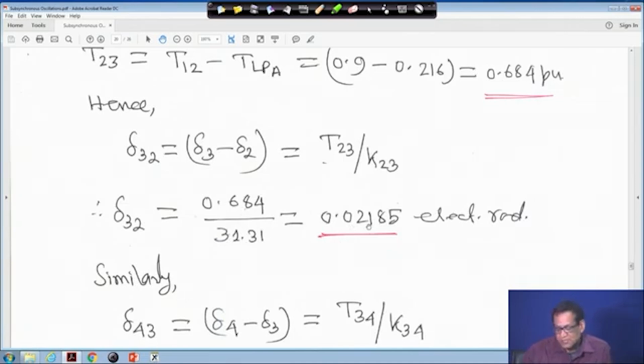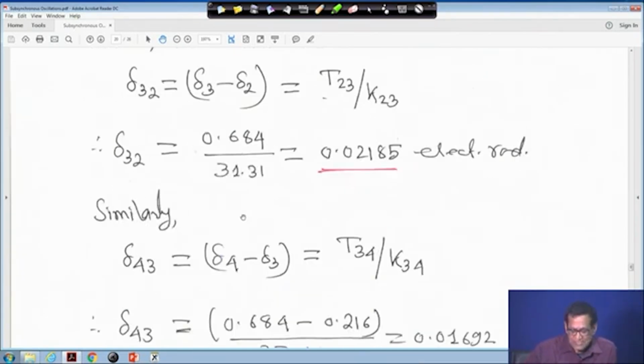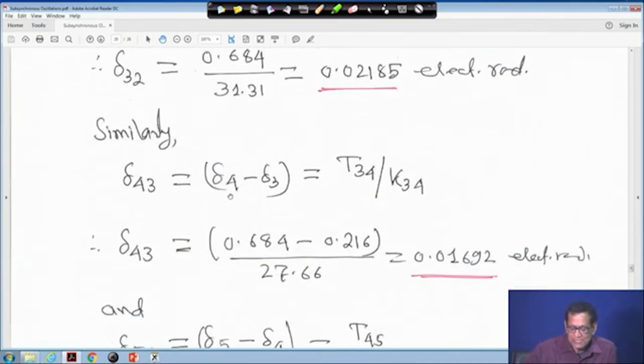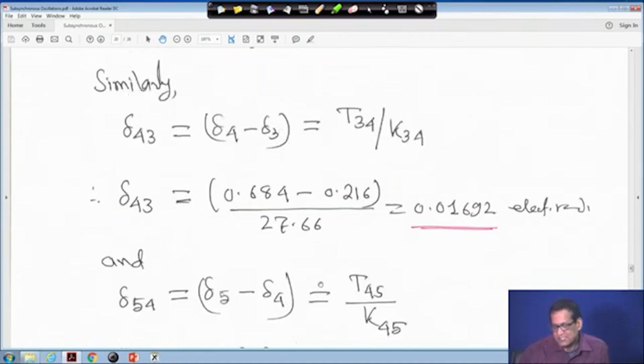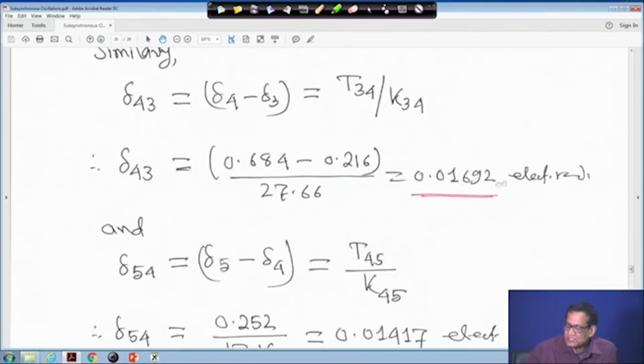So, it will become 0.02185 electrical radian. Although this variation is very small, it has some meaning. Similarly, delta 43, which is delta 4 minus delta 3, is equal to T34 upon K34, that is 0.684 minus 0.216 upon 27.66. So, that is 0.01692 electrical radian.